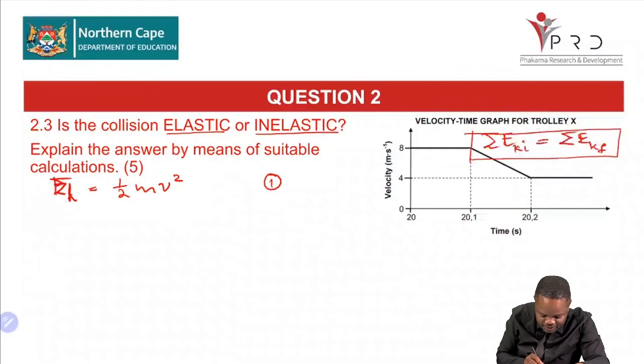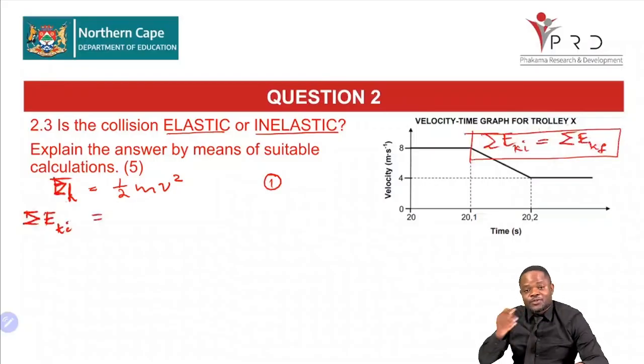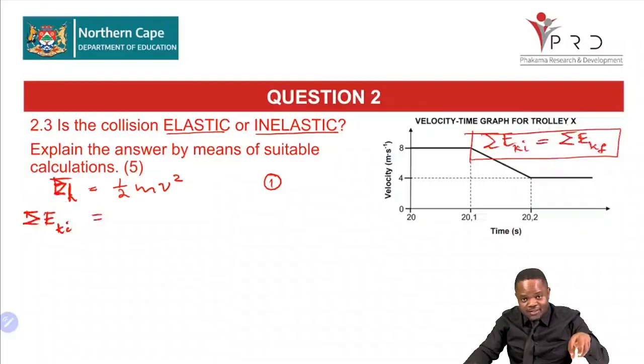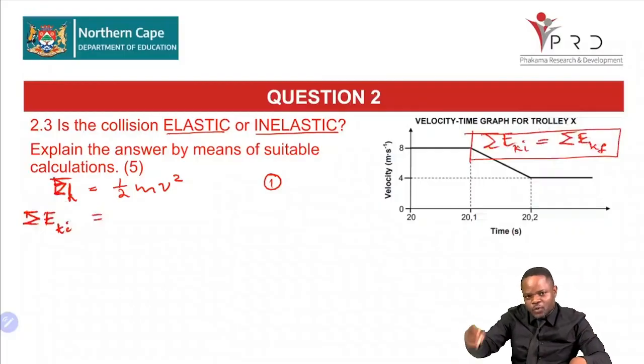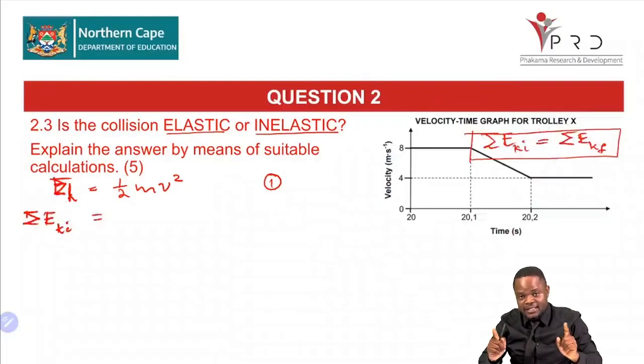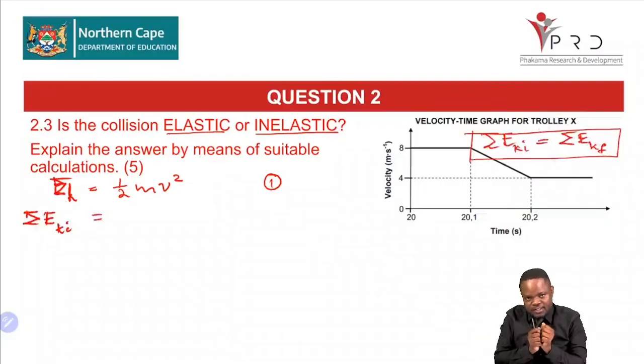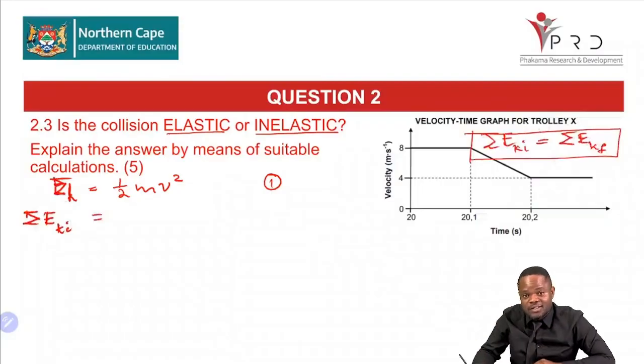Let's start by calculating the sum of our initial kinetic energies, grade 12. We need the kinetic energy of trolley X and the kinetic energy of trolley Y, and we get the sum. That will give us the initial kinetic energy.